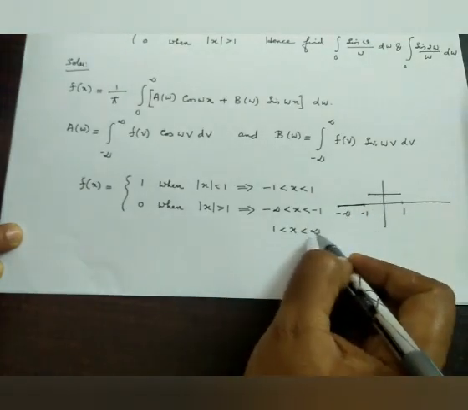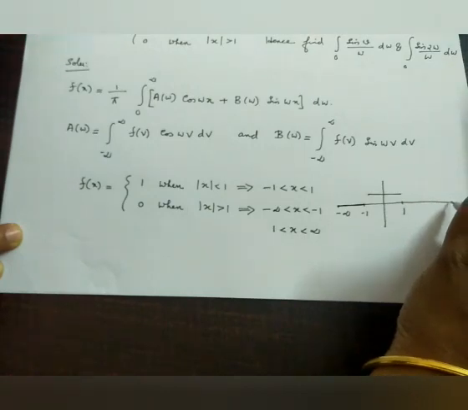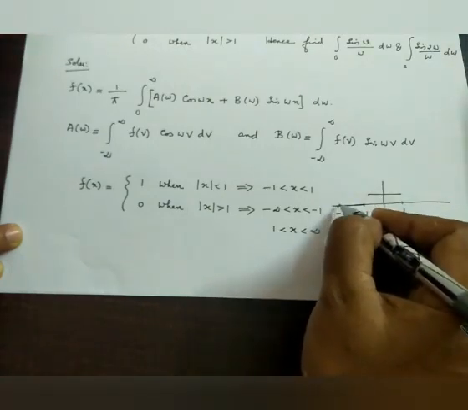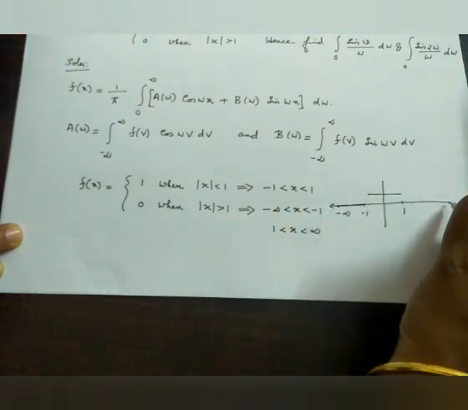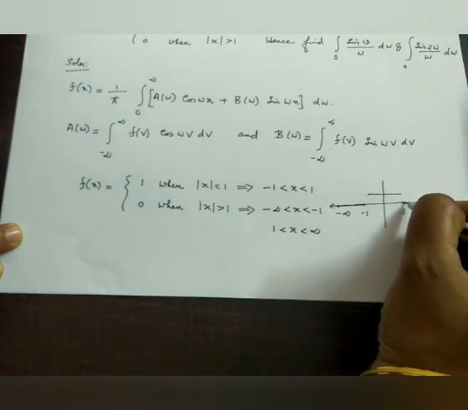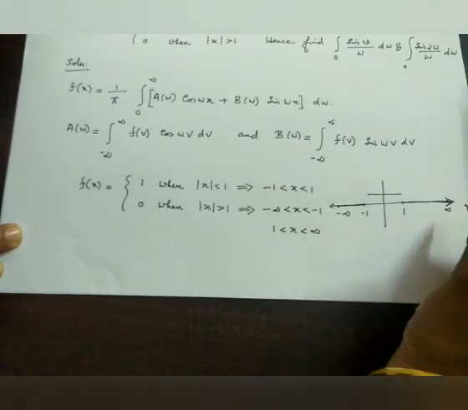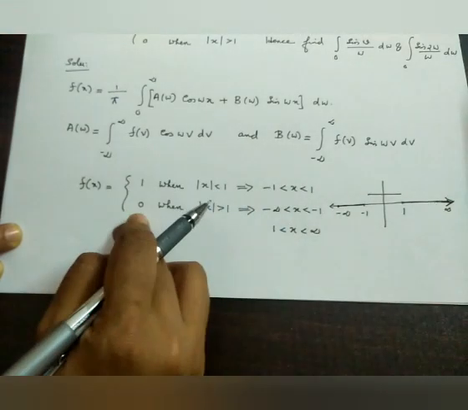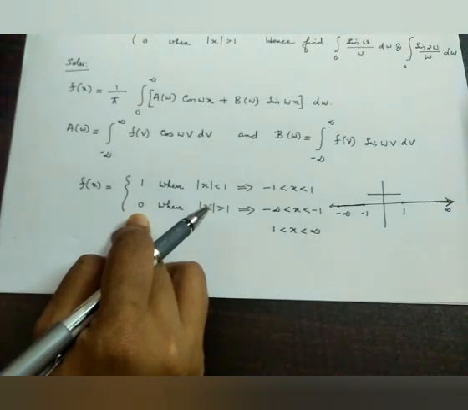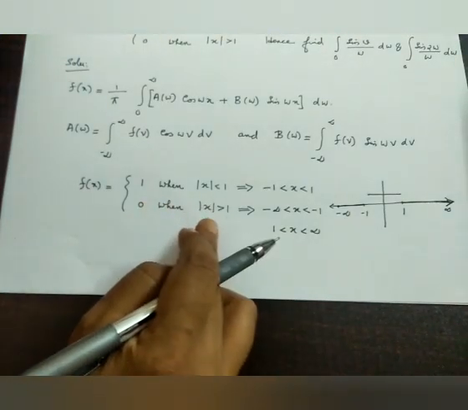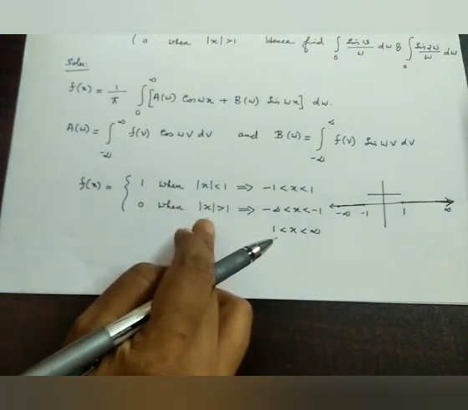And from 1 to infinity, the value of the function again becomes 0. This is what mod x less than 1 and mod x greater than 1 tells.